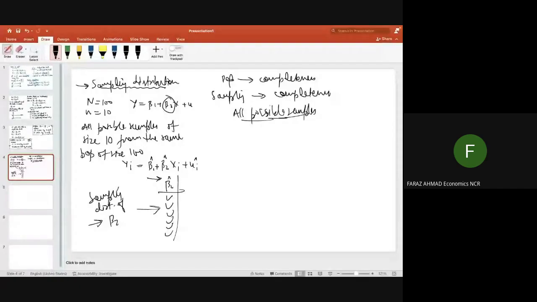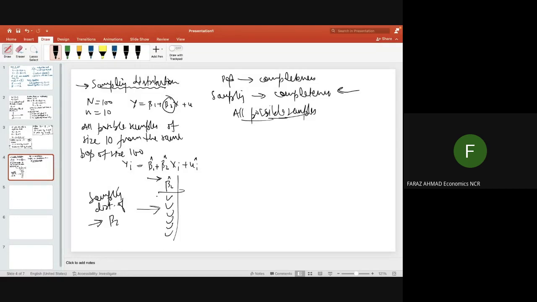Because all possible samples are being collected, there is a completeness in the sampling distribution of any parameter. So we are talking about the parameter beta 2, which is the slope of the PRF. This is the sampling distribution of beta 2, and what we are recording is beta 2 hat for each and every sample which is possible in that population, right?